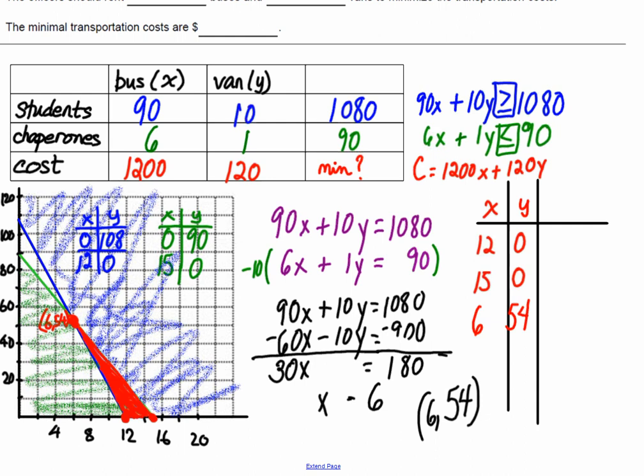Okay, so in the first equation, if we do the minimum here and put 12, 0, let me write this equation here. This will help. Okay. So if y is equal to 0, and this is cost, then x is going to be equal to 1200.